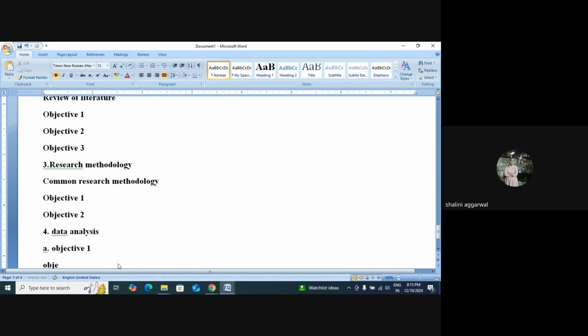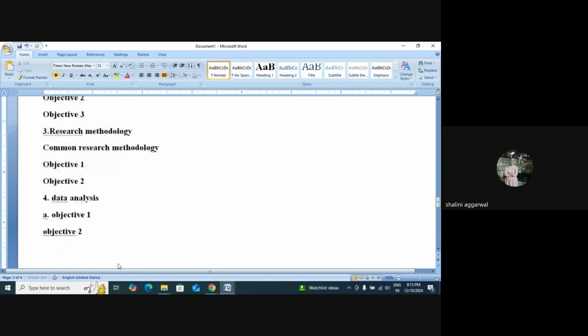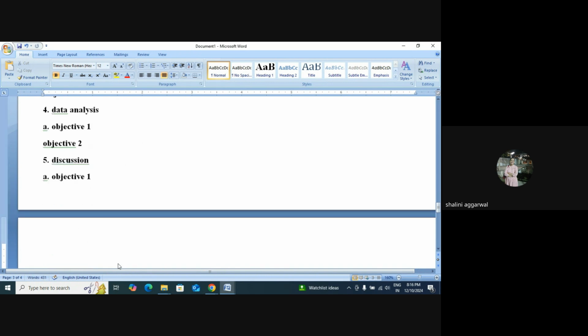Second, objective 2. Whatever your paper is, you will write it here. 3, 4, like this. Next, the fifth part here is your discussion part. It has to be separate, because you have different objectives, and you will have a different discussion part for all the objectives.